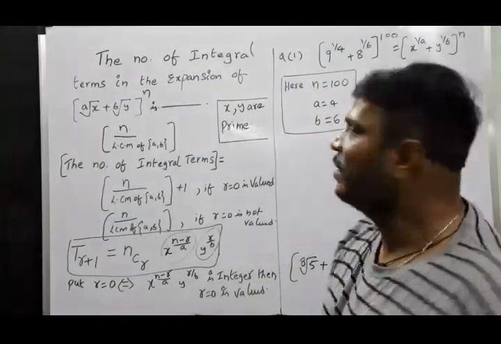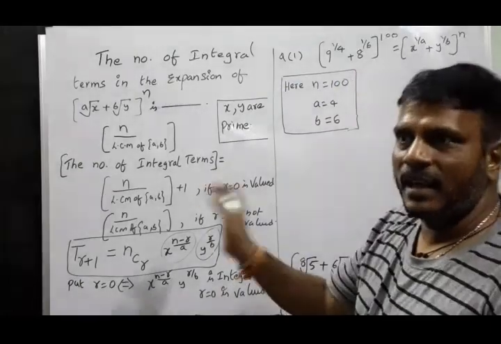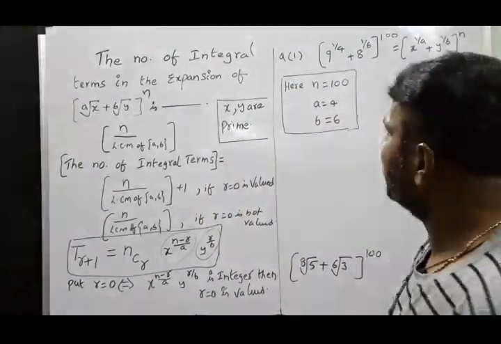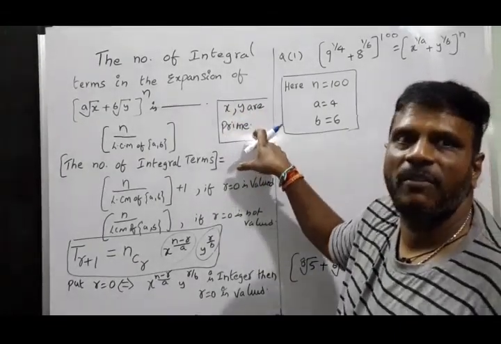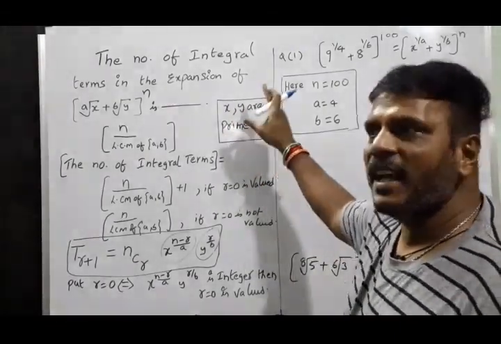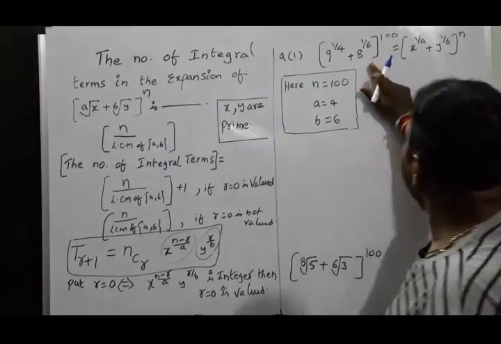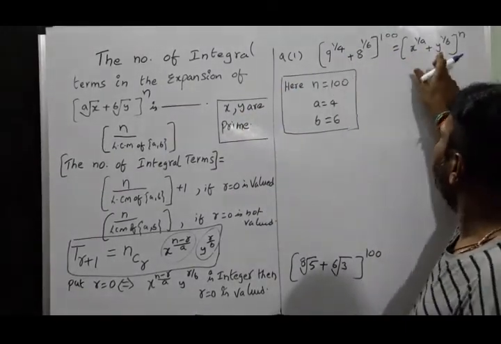This is wrong, because x and y should be prime numbers. In our formula, x and y are prime numbers, but here x is 9 and y is 8.